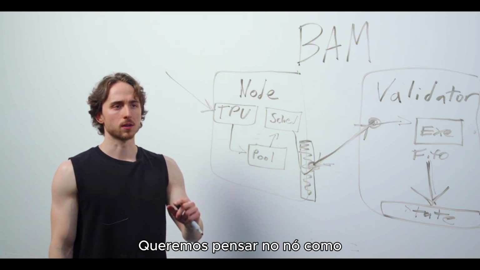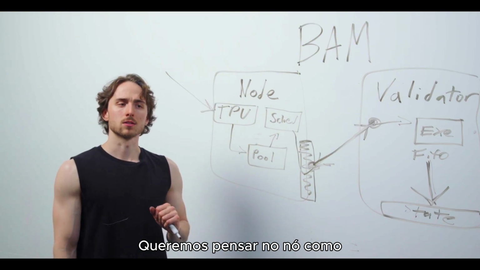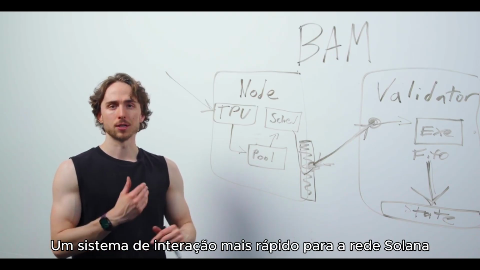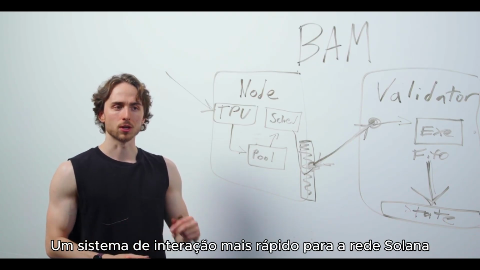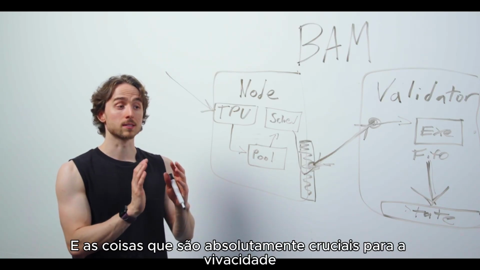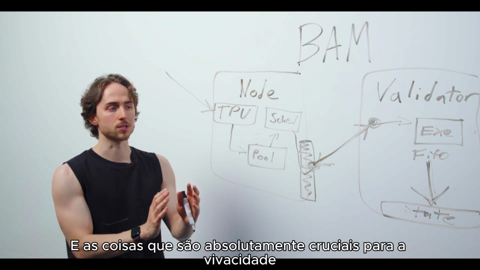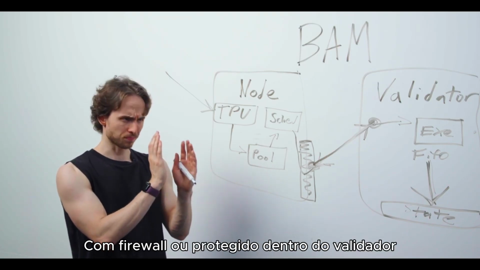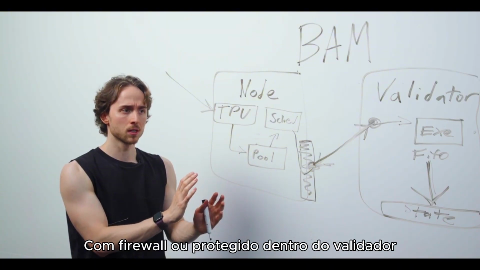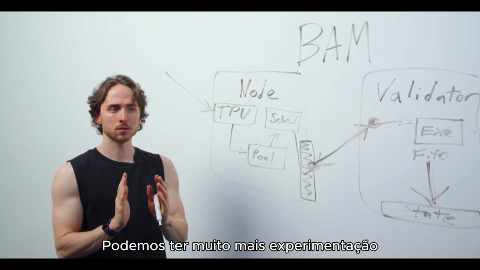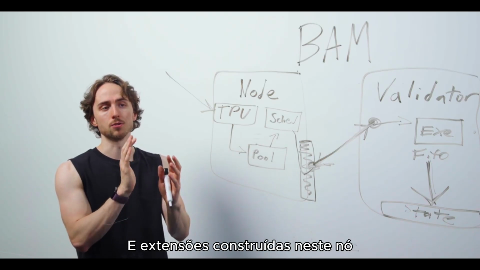We want to think of the node as a more rapid iteration system for the Solana network. Because now that consensus and the things that are absolutely crucial to liveness are much more, I guess, firewalled or protected inside the validator, we can have far more experimentation and extensions built in this node.